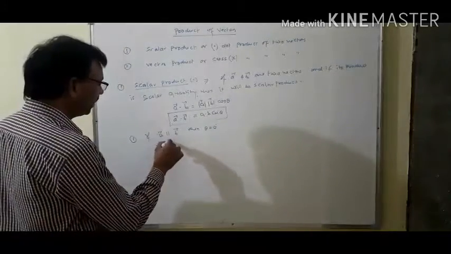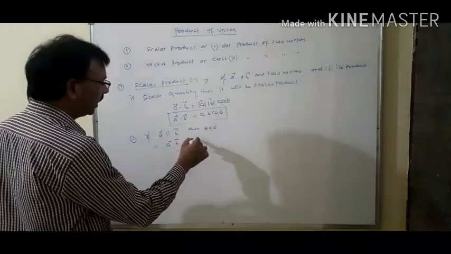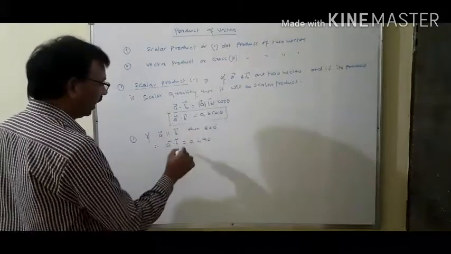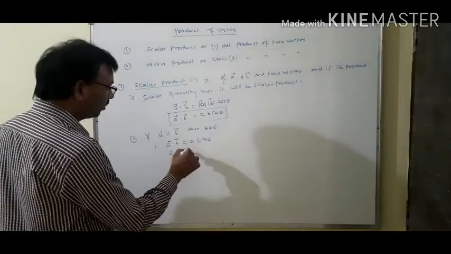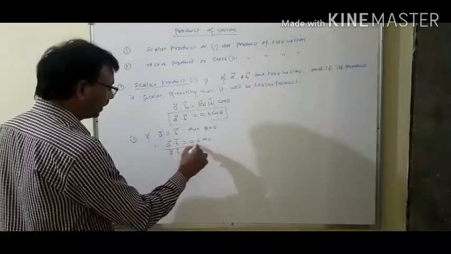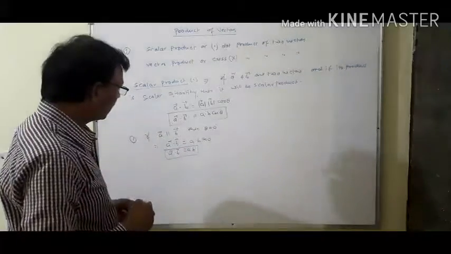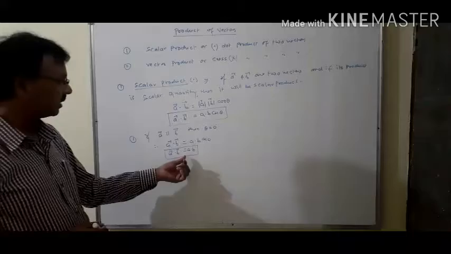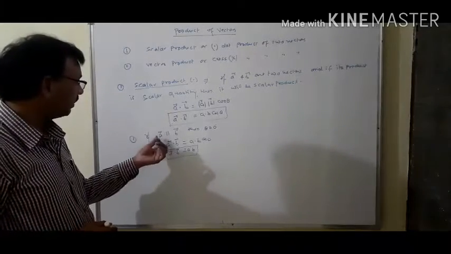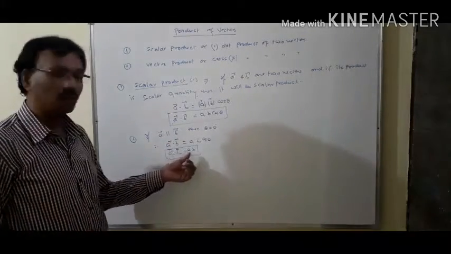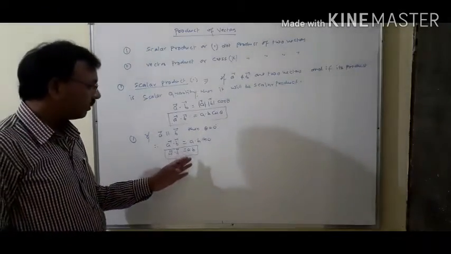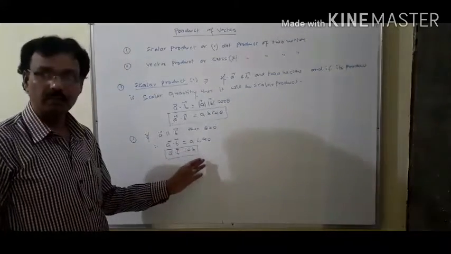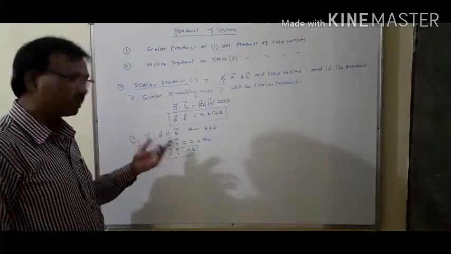Therefore, A dot B equal to AB cos of 0, and as you know cos of 0 is 1, so A dot B equal to AB or magnitude A magnitude B. This condition gives us a result: if two vectors are parallel, then A dot B equal to magnitude A magnitude B, or vice versa, if A dot B equal to magnitude A into magnitude B, then both vectors will be parallel.